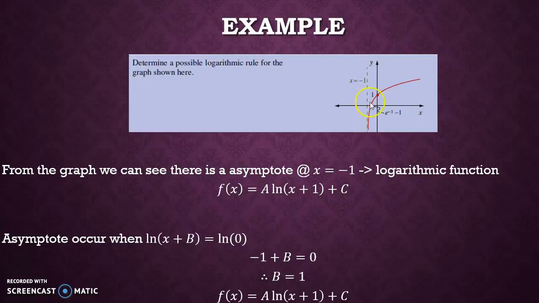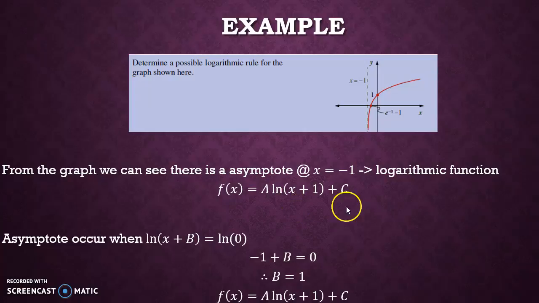When we have a logarithmic function, log 0 is undefined. So this asymptote here is where it becomes undefined. It's going to become undefined when x plus b equals 0.